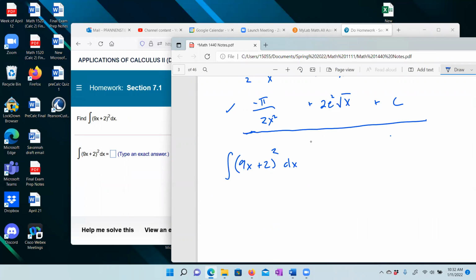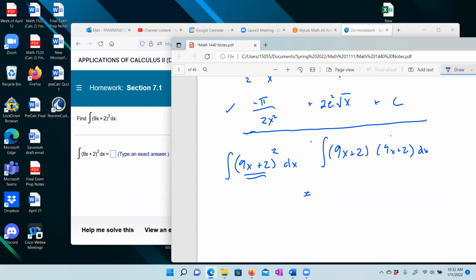What you do not want to do, because there's a couple of ways you can mess up, is write this like that with the integral. I mean, you can, but your next step here is to multiply this out.